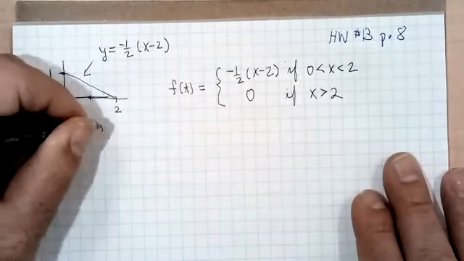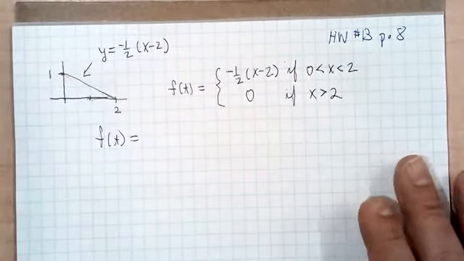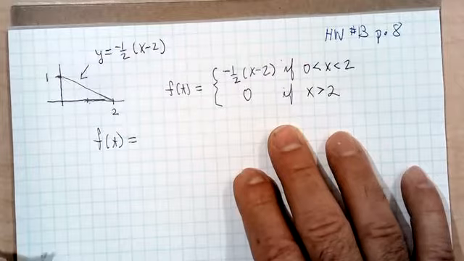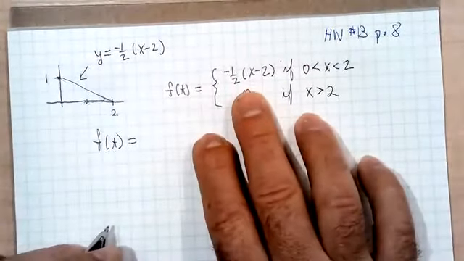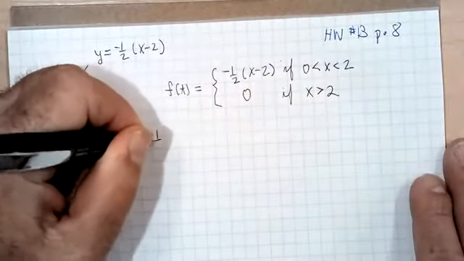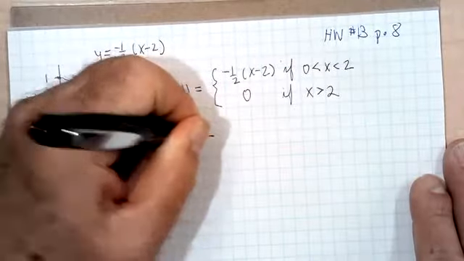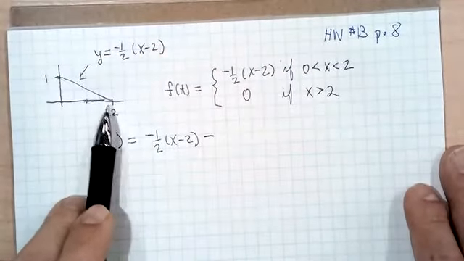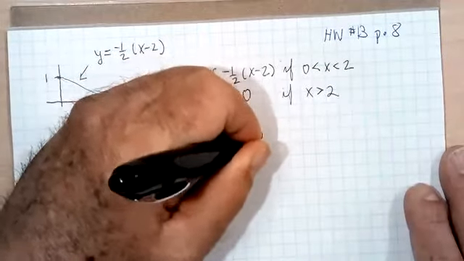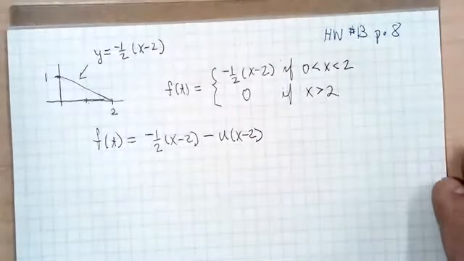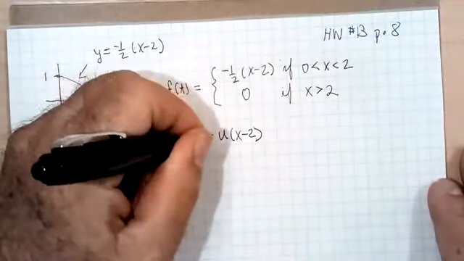So f of t, we want to write that now as a single expression involving unit step functions. I would say that we're going to start with the equation of that line, minus a half times (x minus 2). And then when we get to x equals 2, we want to subtract that back off. Now that was a negative, so when I multiply those two negatives, I'll get a positive.